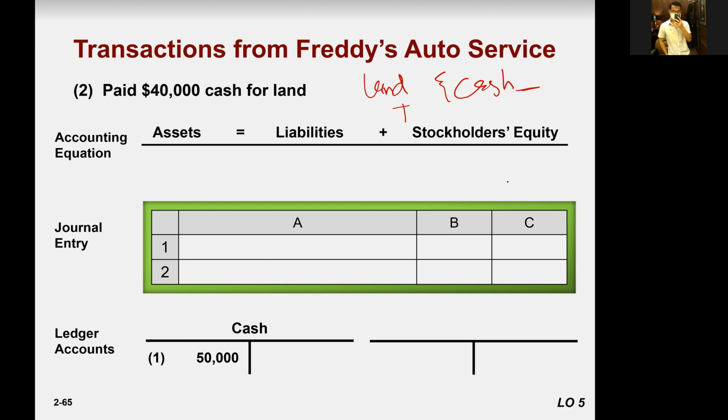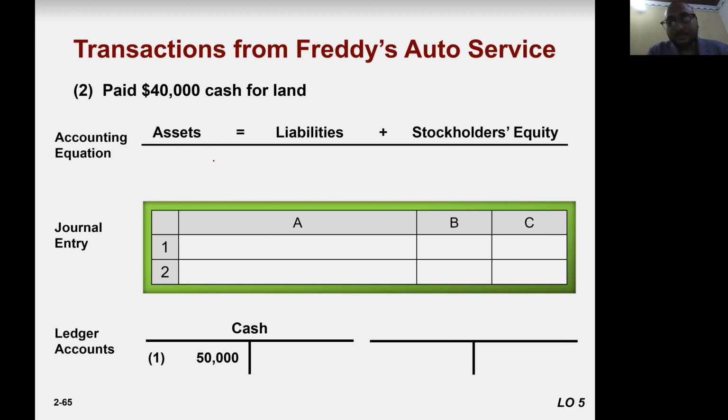Debit, sir. Cash is an asset account. Asset increase, debit; decrease, credit. So cash is negative, land is increasing. Cash is credit, sir. Sorry. Yes, credit. Well done. Land increase, debit.